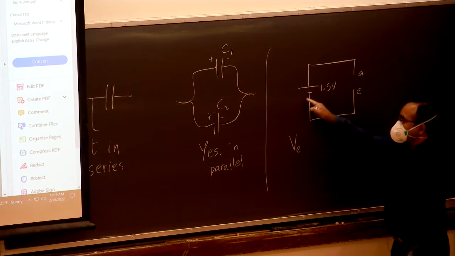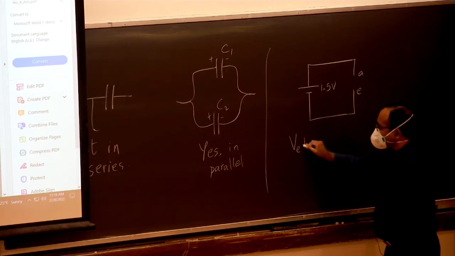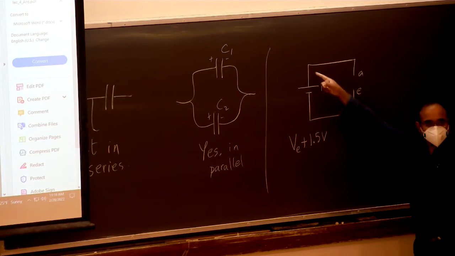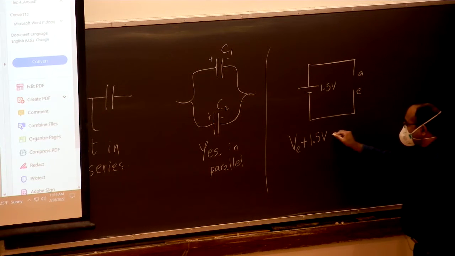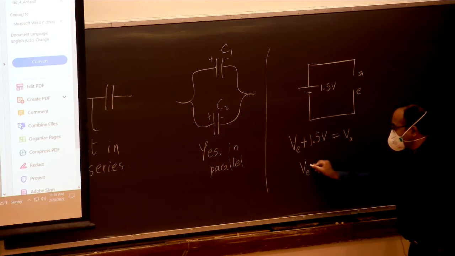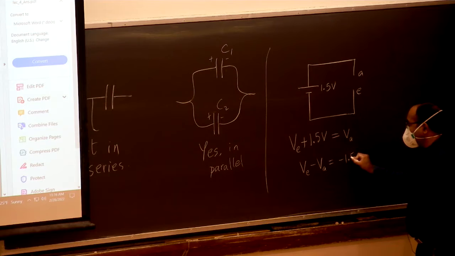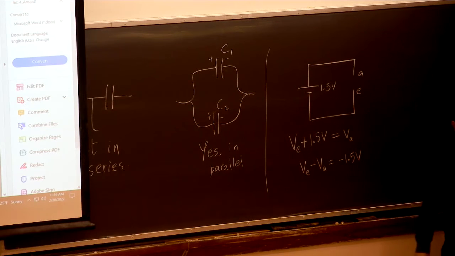I will gain voltage, right? So I'm going from negative to positive, I'm going to gain 1.5 volts. And then eventually I reach A and no other changes happen in between. So this is equal to VA. Then I can just rearrange. I have VE minus VA equals minus 1.5.